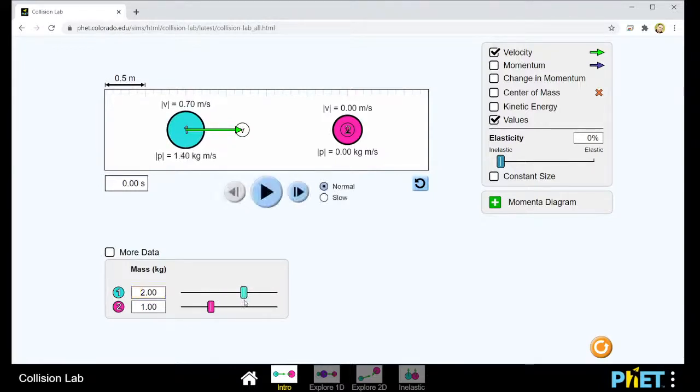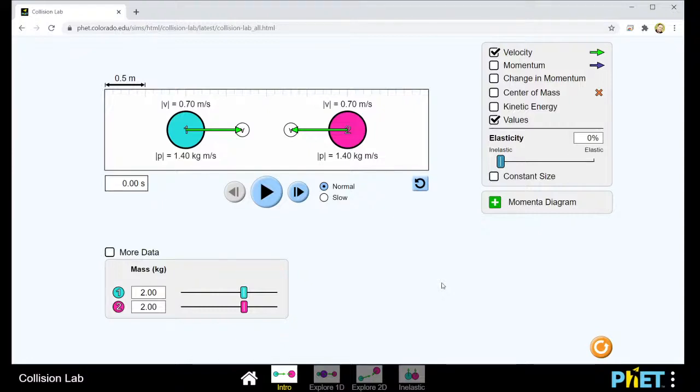Then you can see very clearly that momentum is the product of velocity and mass. 0.7 times 2 is 1.4. And it has units of kilograms meters per second. So I want to set things up here so that both masses are the same. There we go. And they both start out with the same amount of momentum, but in opposite directions.